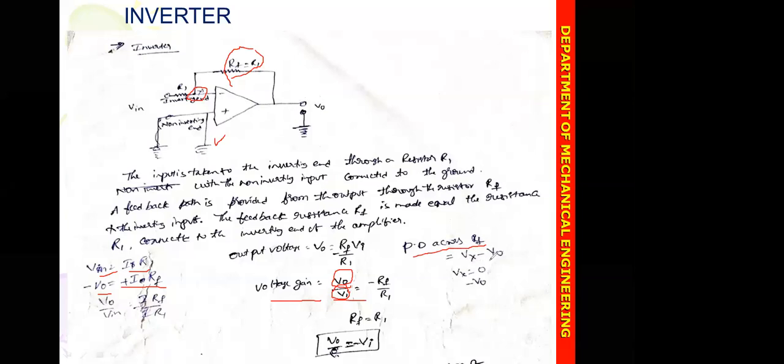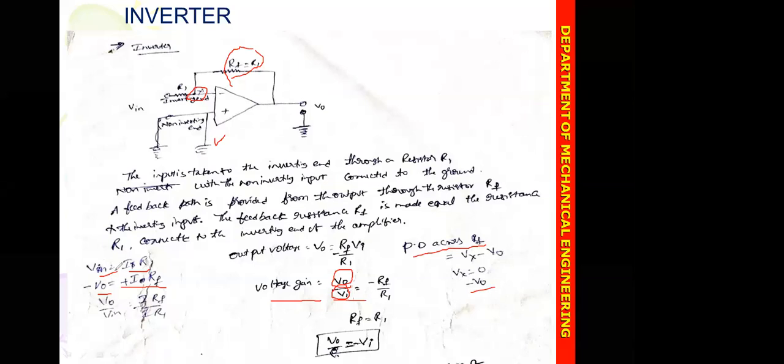At this point the voltage is 0, so Vx is equal to 0, and it becomes minus V0.